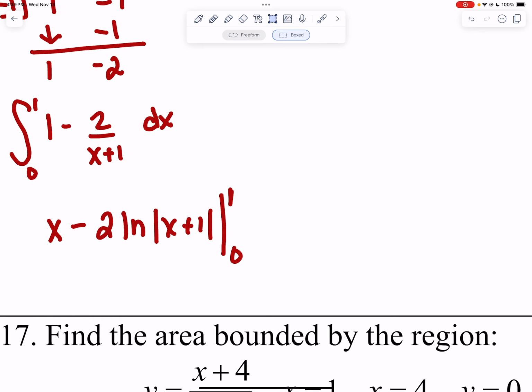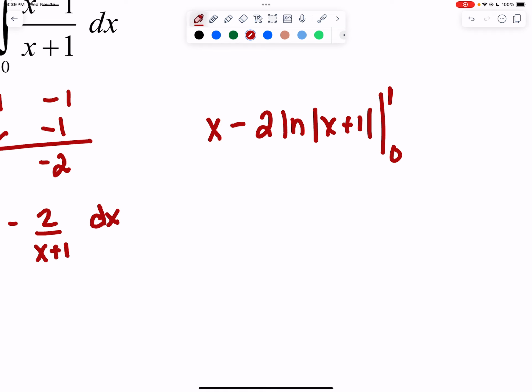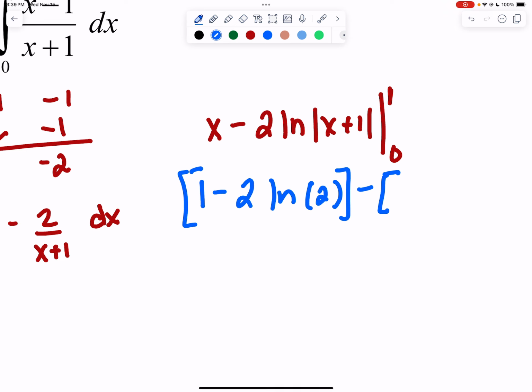So then if I were to do that, I'm going to evaluate my upper limit, then evaluate my lower limit of 0. Notice how here ln of 1 is going to be 0, so then you have 0 minus 0 is just 0. So then you're just left with 1 minus 2 ln of 2.